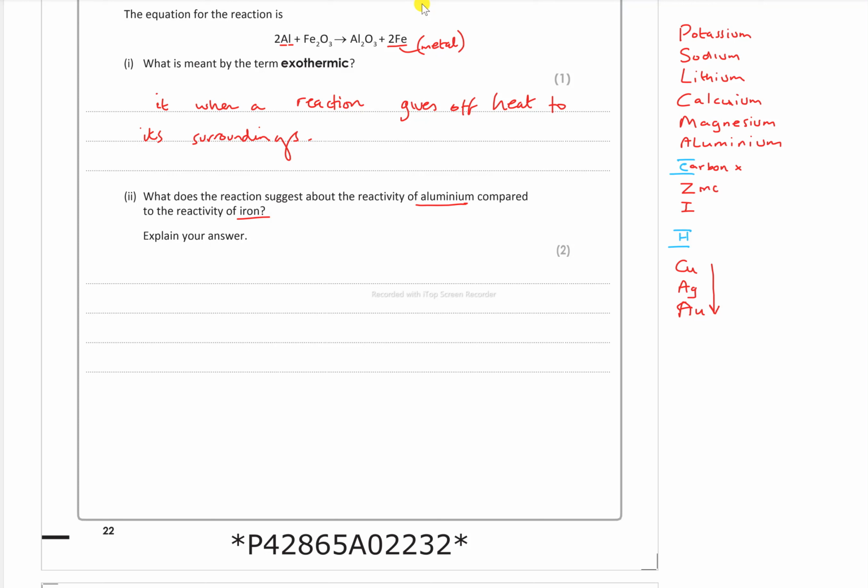Zinc, iron. This is hydrogen, non-metal. Copper, silver, gold. So this here is the reactivity series. Okay.